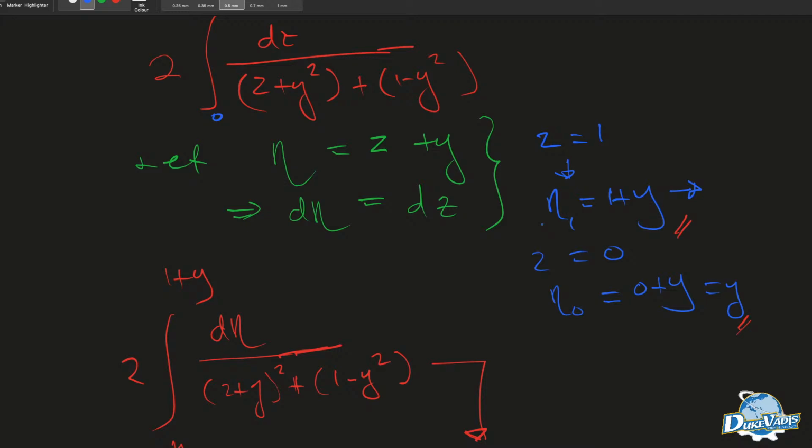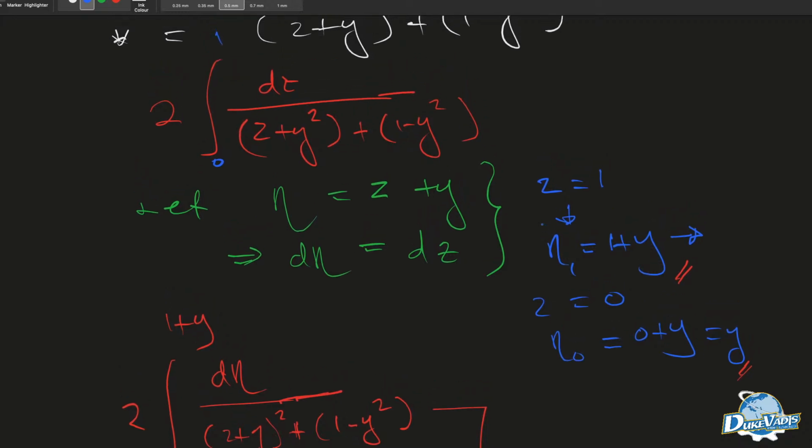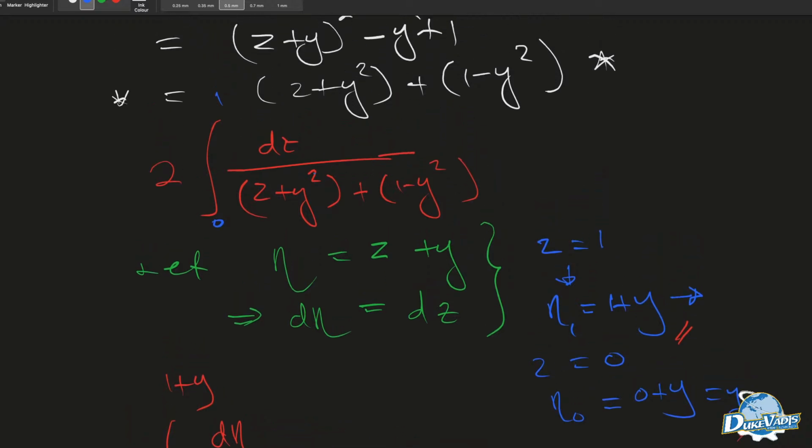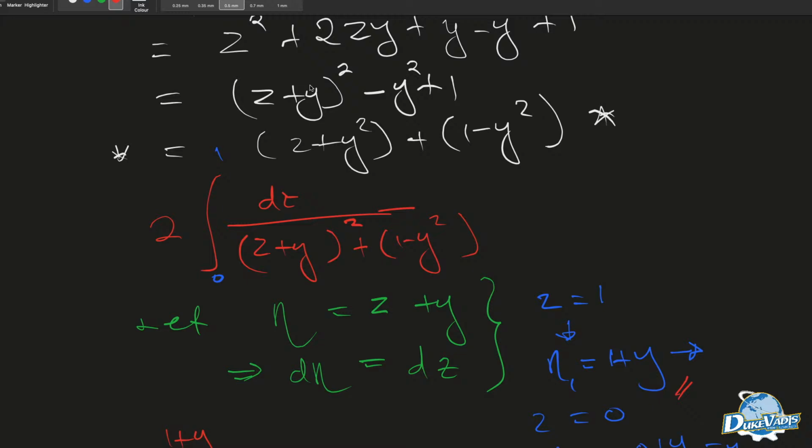So instead of z squared plus y, z plus y squared, or this z plus y, this one, I'm cleaning well. So this z plus y squared. This is z plus y.